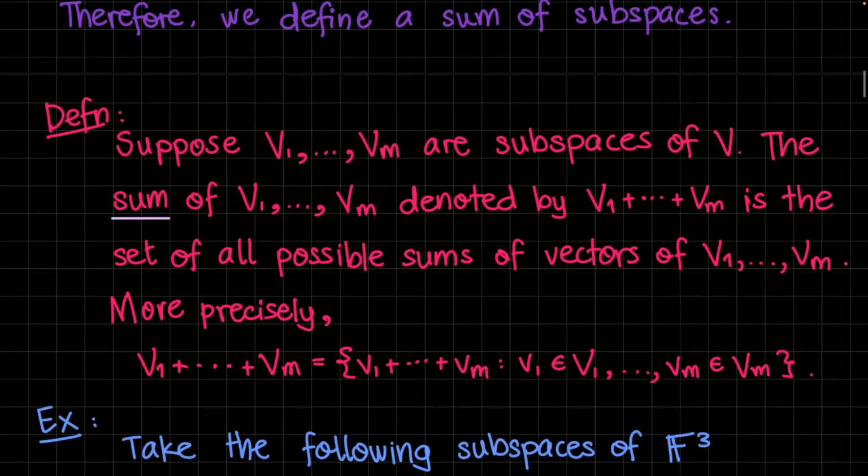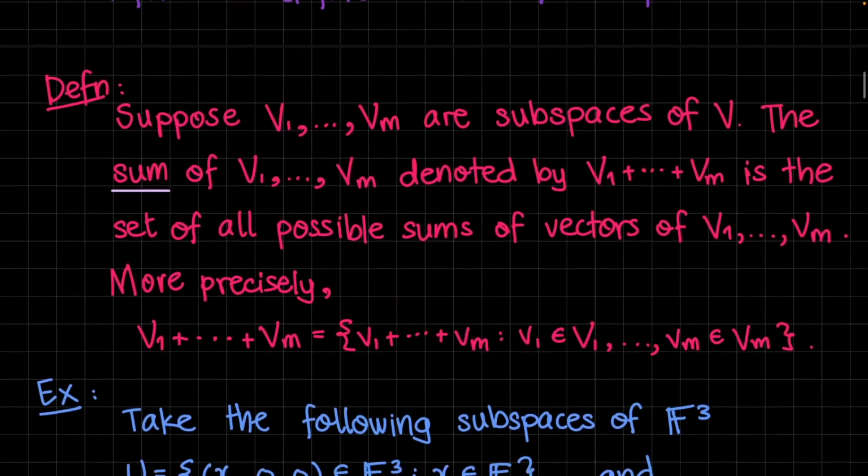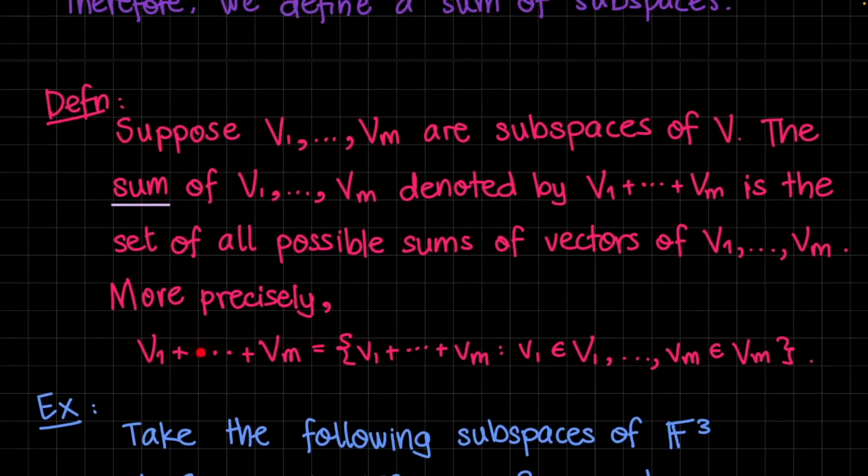And what this means mathematically, or more precisely, is that v1 plus dot dot dot plus vm is actually just the set of small v1 plus dot dot dot plus small vm, such that small v1 belongs to capital V1, and so on, and small vm belongs to capital Vm.